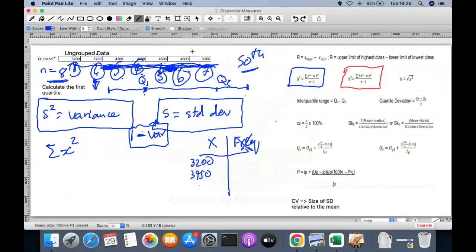I'll do it quickly. 4,200, equals. 4,500. Lucky there's not too many numbers here. 4,800.